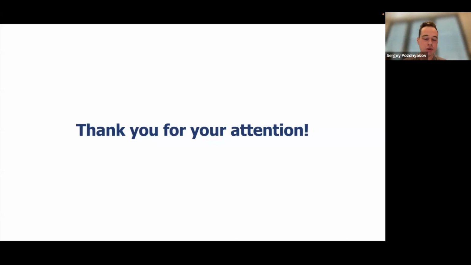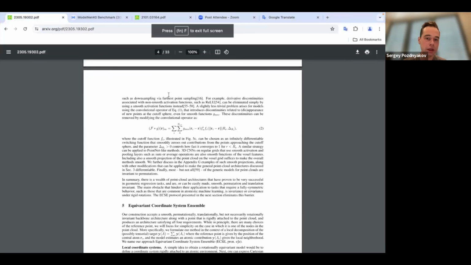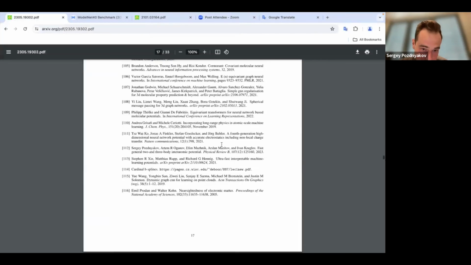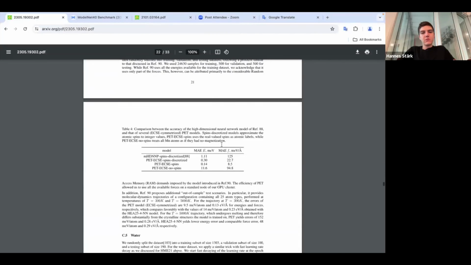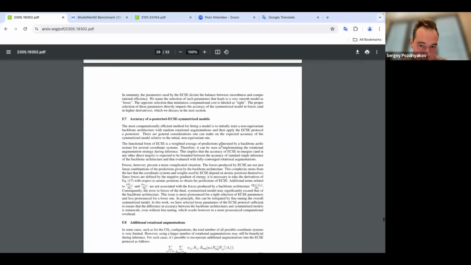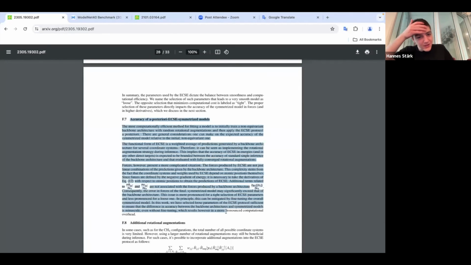So with the forces, actually the error of a symmetrized model might be larger compared to the error in forces of the initial backbone architecture without symmetrization. I also have an appendix in my paper discussing this. Probably I can find it and point it out to you. It's just a second. I think it's fine. I'm not planning to look at it.